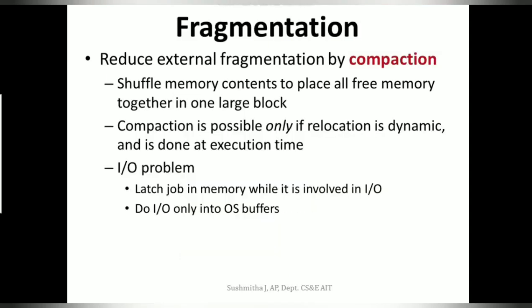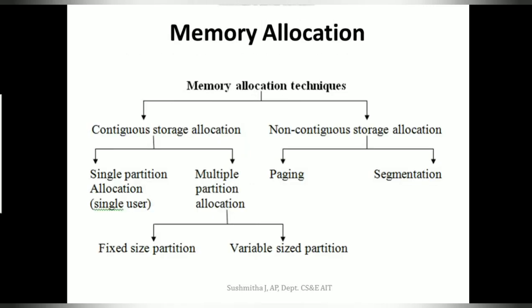The other method where we could reduce this waste of memory or fragmentation is non-contiguous memory allocation. That is the technique of paging and segmentation. So we have addressed contiguous memory allocation, where we had single partition and multi-partition, and in multi-partition we had fixed size partitions and variable size partitions.